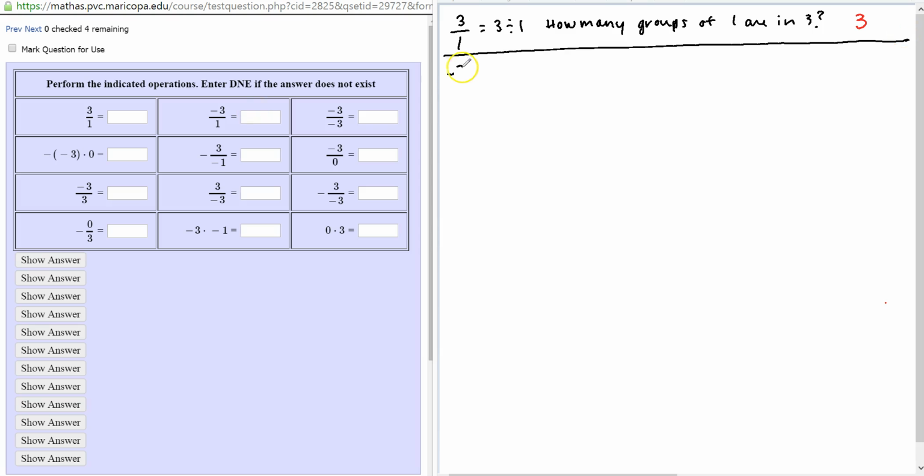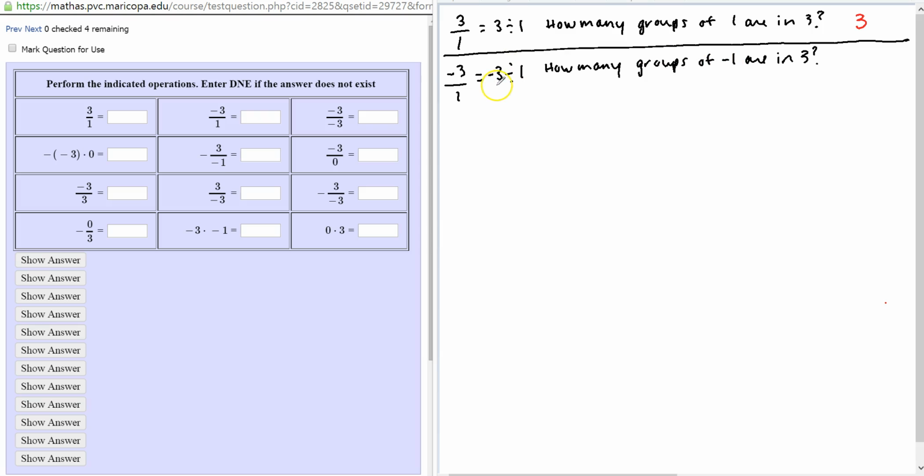Now we have negative 3 over 1. In division language, we would say negative 3 divided by 1. And we could say how many groups of negative 1 are in 3. And we discussed this with integer chips, but you may want to think of this in terms of using what we know about signs when we're dividing.